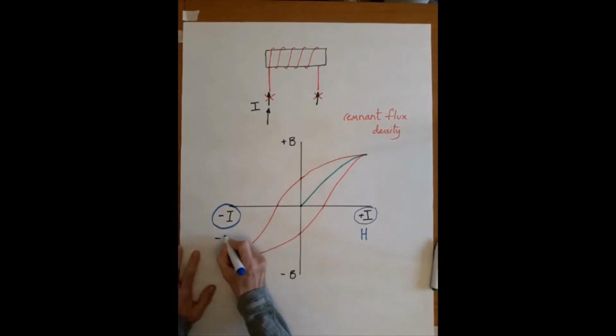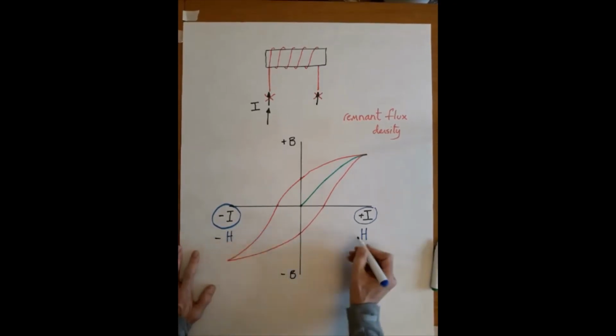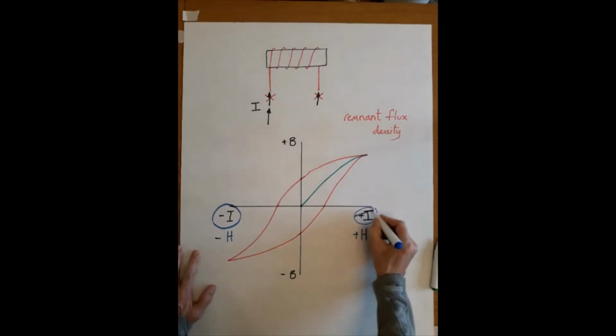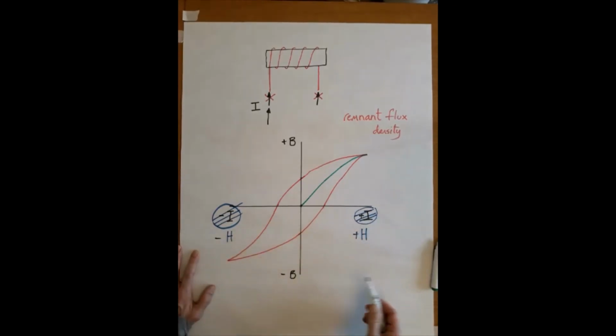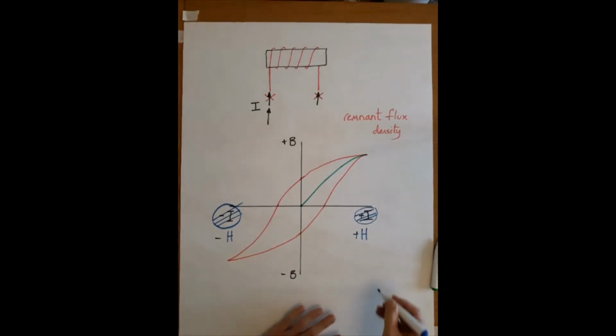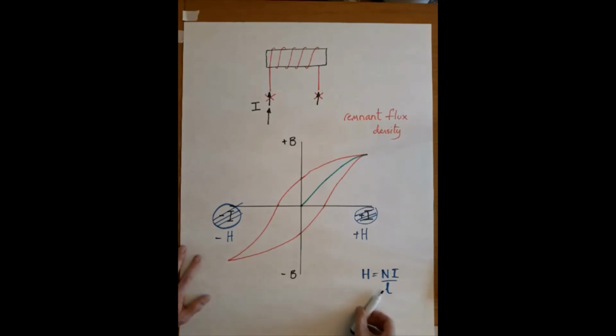So this will be minus H, and this will be plus H. I just used I to try and develop the diagram, but technically we need to call this H, the magnetic field strength. There is a formula for that, which you don't have to worry about: magnetic field strength is H equals NI over L. Hopefully you won't see that in any of your exams.